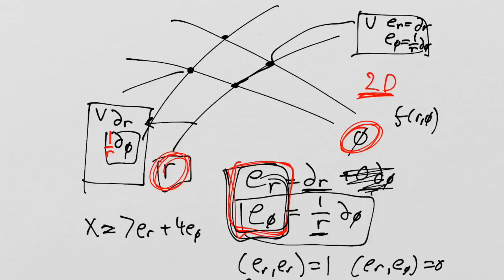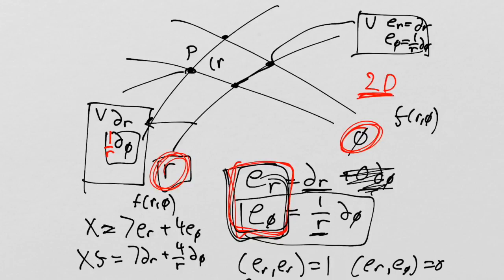And then I had some function of R and phi. Well, if I were to apply x onto the function, I would apply 7 partial R plus 4 over R partial phi. And at this particular point, P, I would evaluate it at the point P.